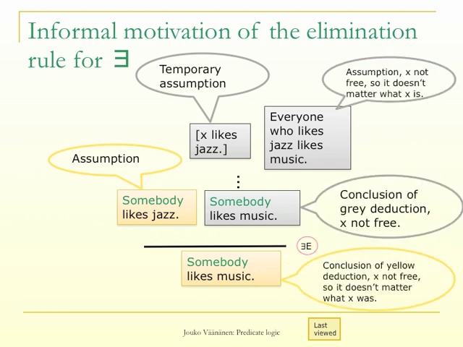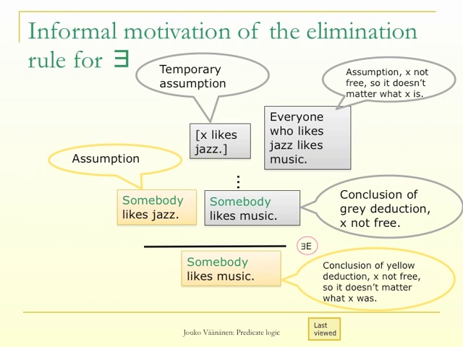So this is the conclusion: somebody likes music. Let us see what happened to x in this inference. x is not free in the conclusion somebody likes music. x has somehow disappeared completely. x only occurred in the temporary assumption that x likes jazz, and this temporary assumption was eliminated.